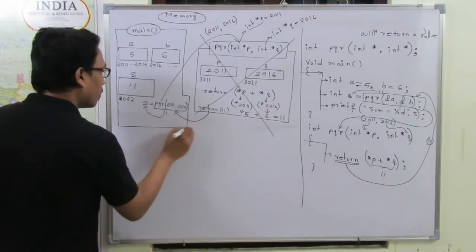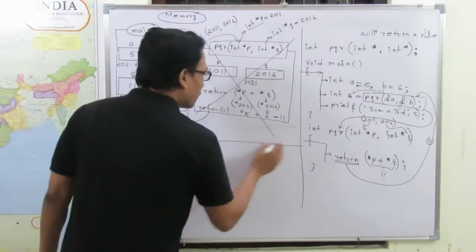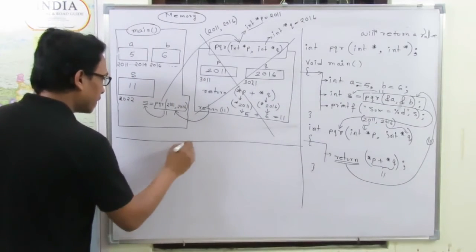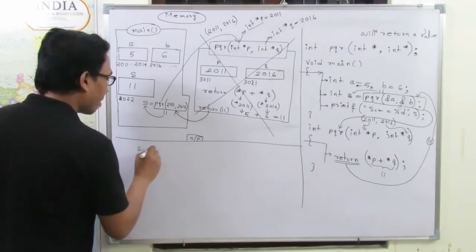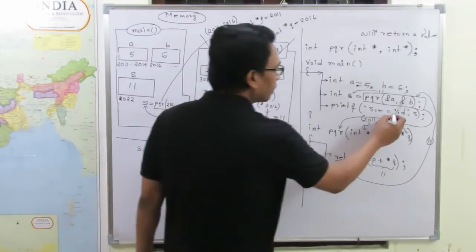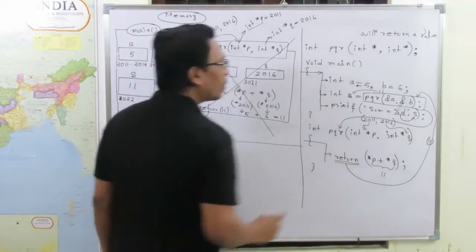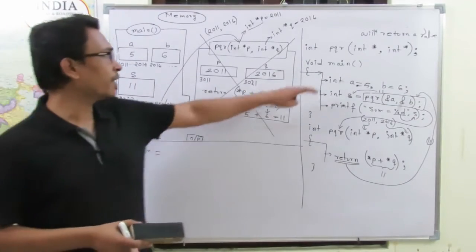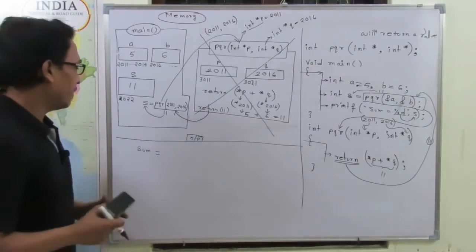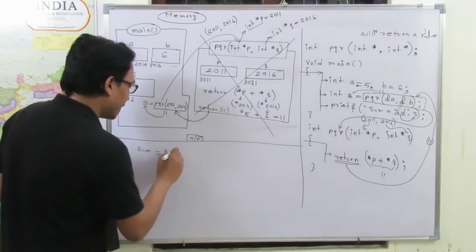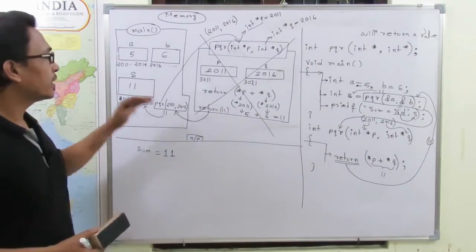That means it will work on the output screen and display sum equal to %d. What is the content of s inside this main block? The content of s is 11. So it will display 11 here. Clear?